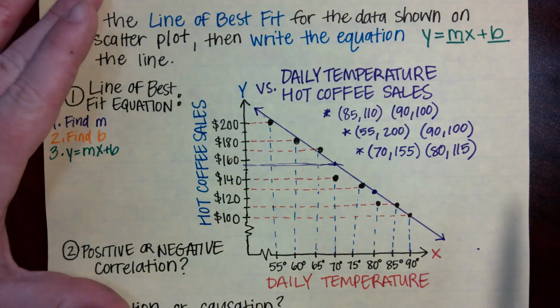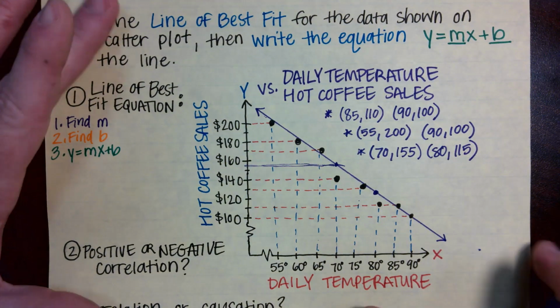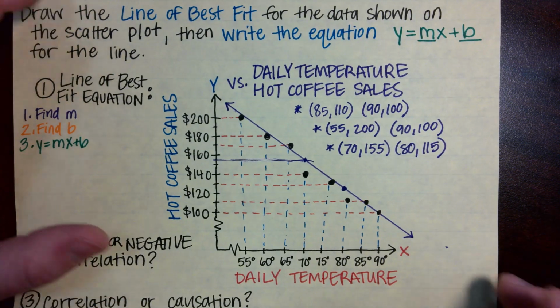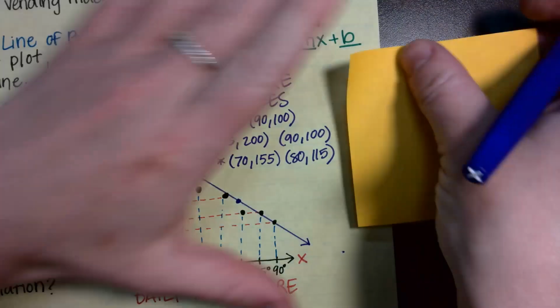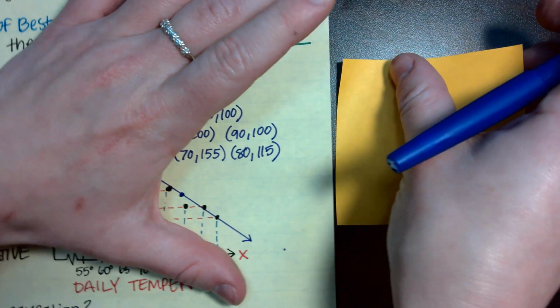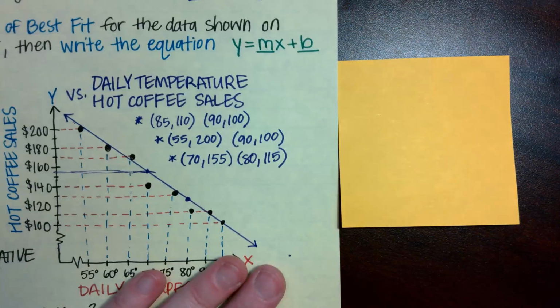Now let's see what kind of slopes we're going to get. We're going to use our slope formula. Let me grab a separate sheet. You guys are welcome to do work on the back of your papers. I, however, don't want it to bleed through, so I'm going to get a sticky note. Let's just look at some examples of what slopes we might get.